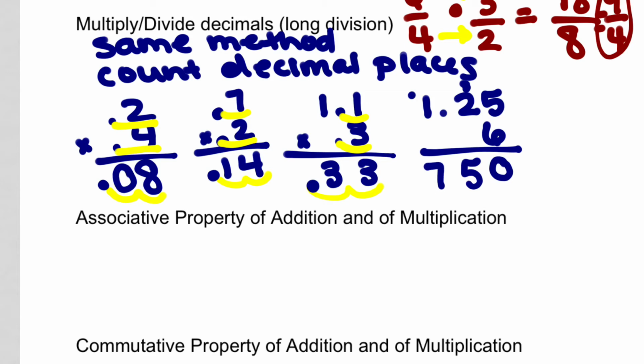So I've got 750, and I'm looking up here, and this decimal goes 2 places. So I know I'm going to have 2 places here. So my answer is 7.50, or just 7.5. So that is multiplying decimals.